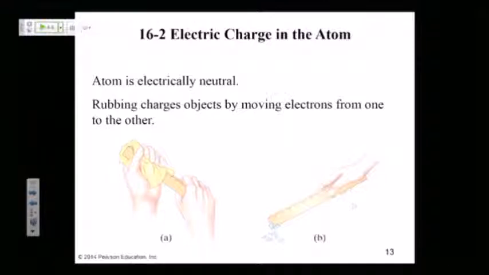So you end up with negatively charged wood here. If you bring it closer to light pieces of paper or dust, it will attract them, as you can see. It acts with some force on them. We call this charging by friction.